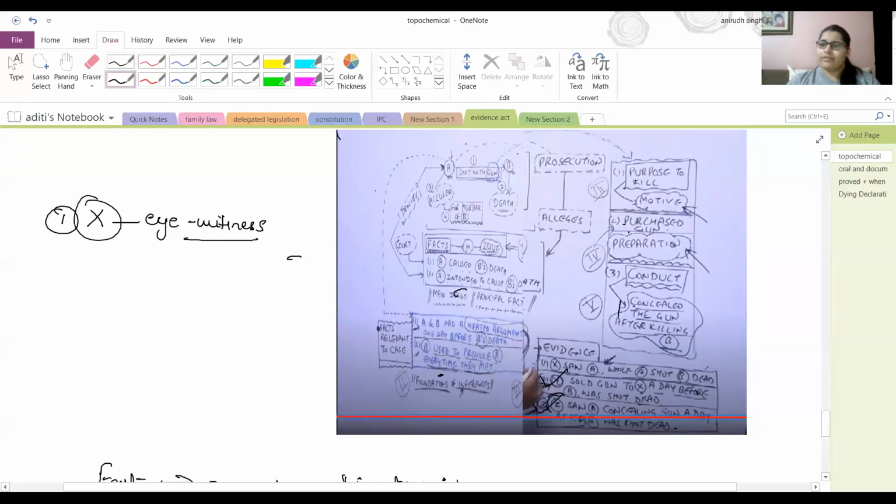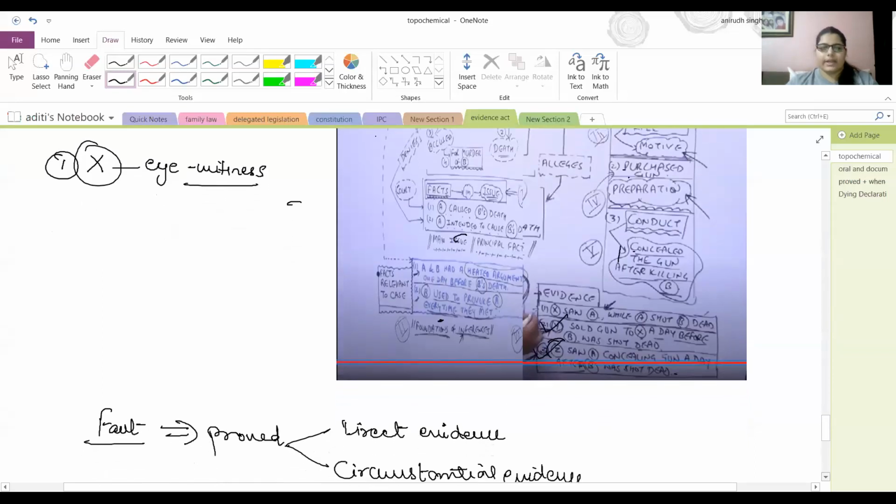Why not directly move on to the circumstantial evidence? Because circumstantial evidence, once connected, once joined, only then leads us to a certain inference. But when we have direct evidence claiming that yes, X has seen A shooting B, this is more important, more concrete in nature.